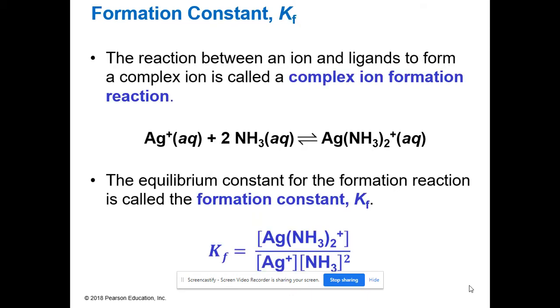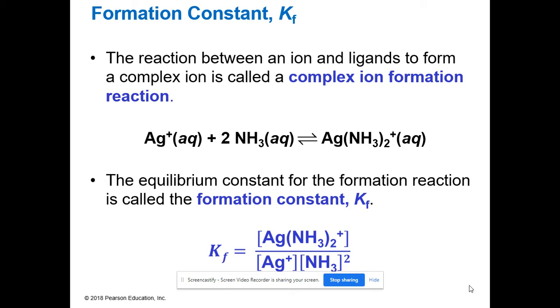So we can write our complex ion formation reaction, which would be our ion plus our ligand to form some complex ion. So silver is our ion, ammonia is our ligand. We're going to get this silver ammonia complex ion. We can write our Kf. So K, once again, is our equilibrium constant. This is our formation constant.